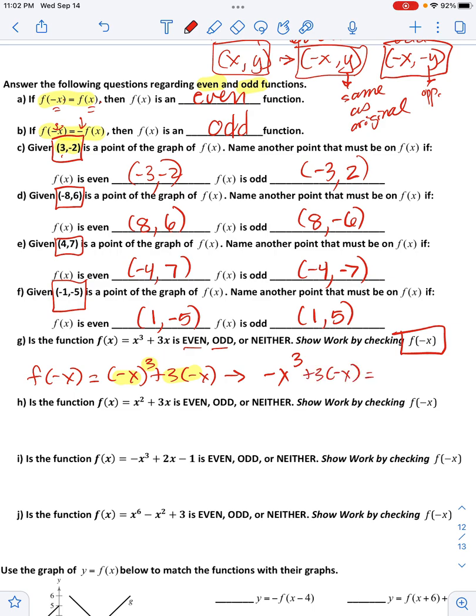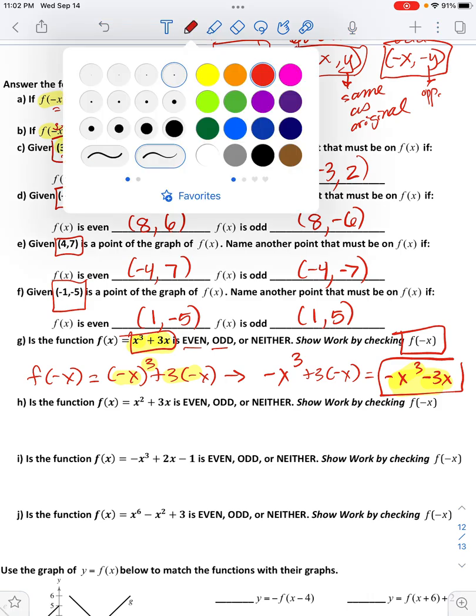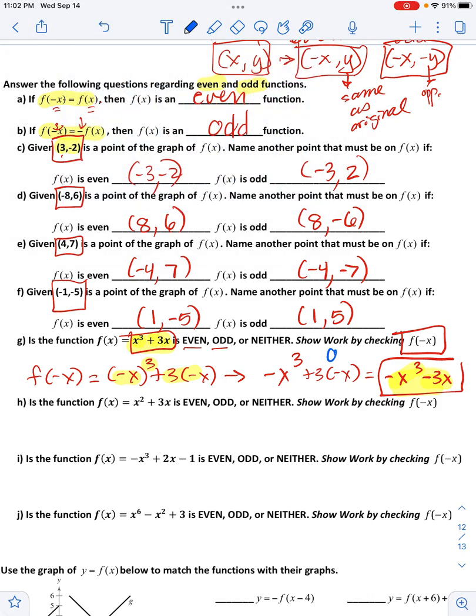So when I'm done, I would have negative x cubed minus 3x. It's not my answer. What I do is I compare that to the original. This was a positive x cubed. This is a negative. So that one switched. Positive 3x, minus 3x. So my result is the total opposite, meaning every term changed signs from the original. And when that happens and you end up with the exact opposite, it makes that an odd function.